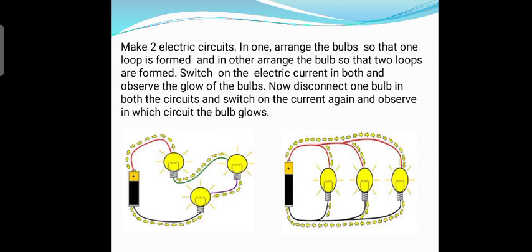Switch on the electric current in both and observe the glow of the bulbs. Now disconnect one bulb in both the circuits and switch on the current again and observe in which circuit the bulb glows. Students, you can arrange the bulb as shown in the following pictures.